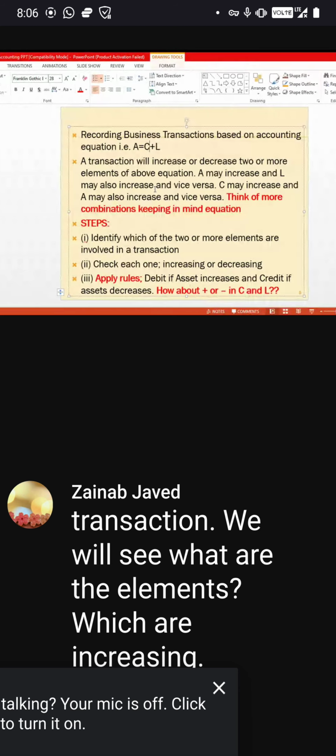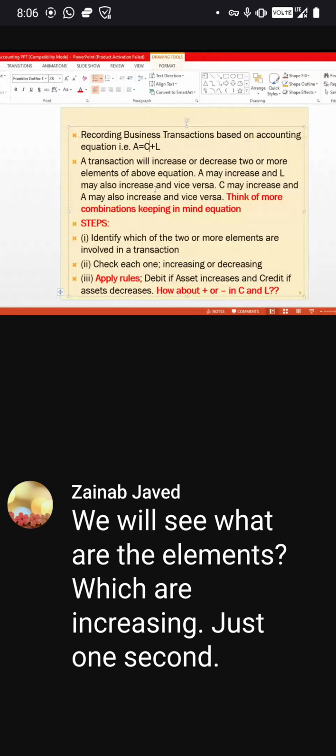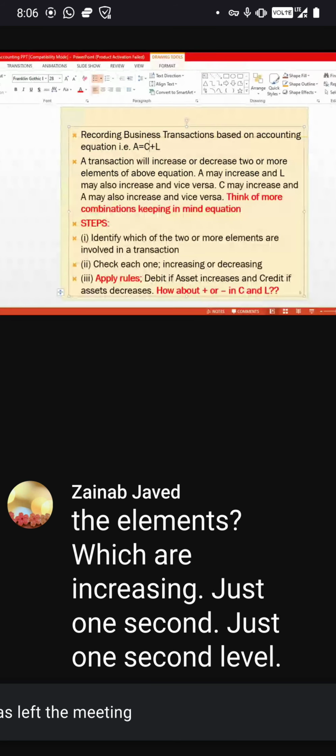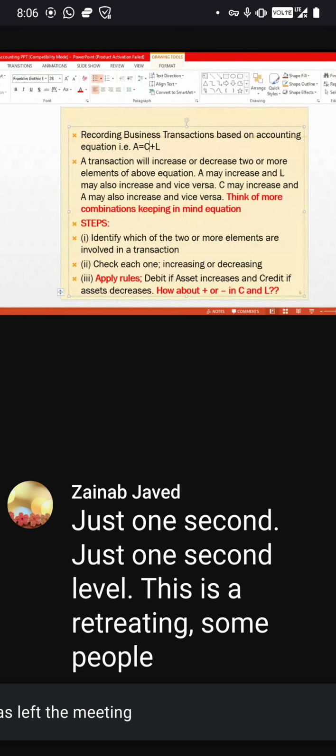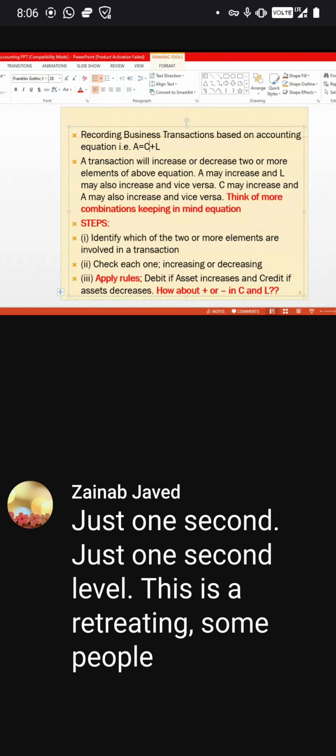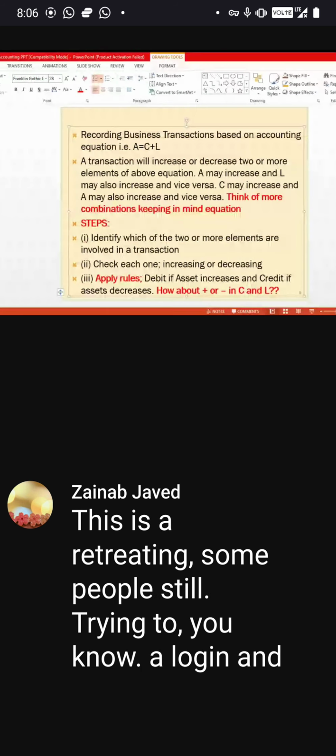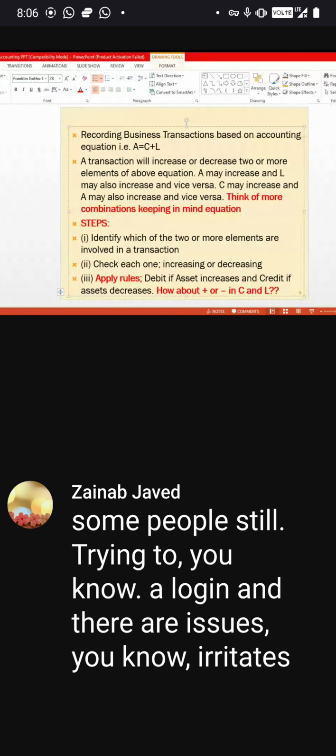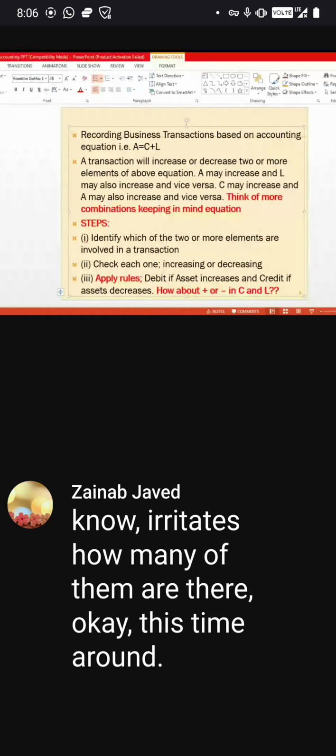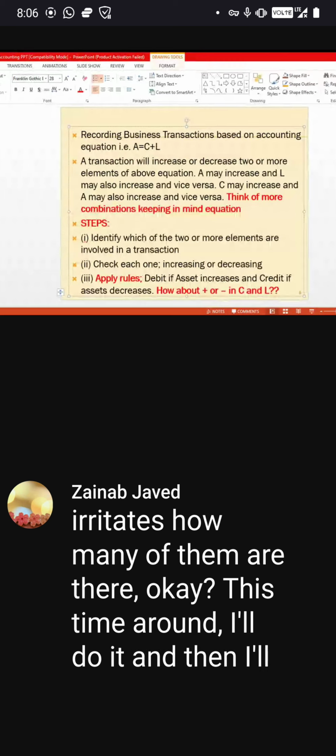Just 1 second. This is irritating. Some people are still trying to log in, and there are issues. It irritates. How many of them are there? Okay, this time around I'll do it, and then I'll ask them not to do.